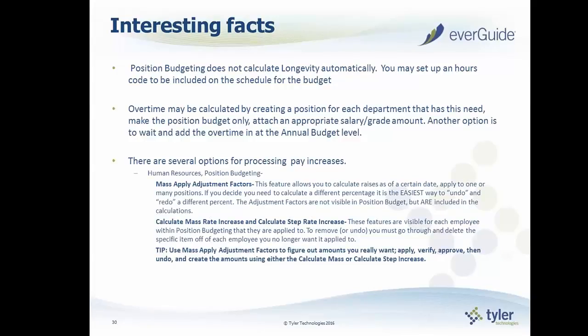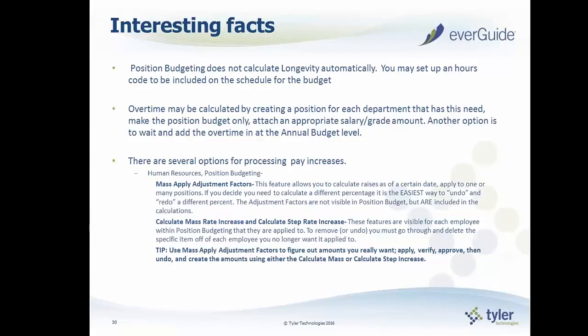Now, the calculate mass rate and calculate step increase, listen to me carefully. When you use those, yes, they're very pretty. They are visually present on each and every employee, where the math apply adjustment factor is not visual, but it is in the calculation.